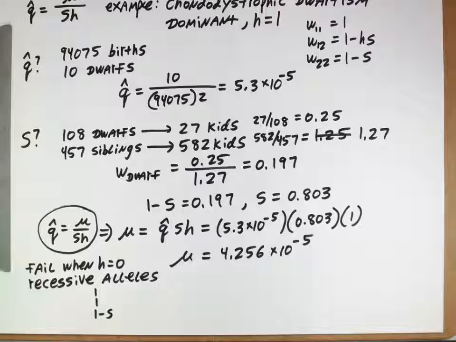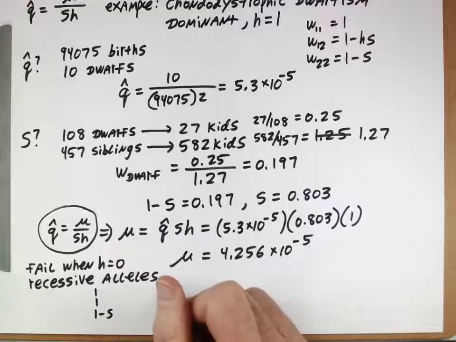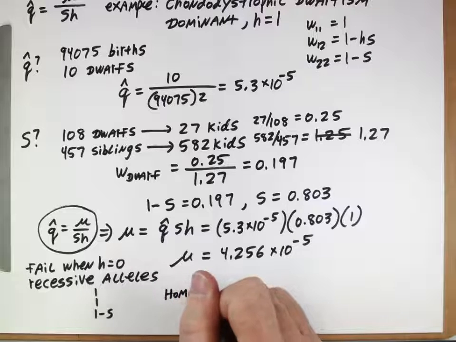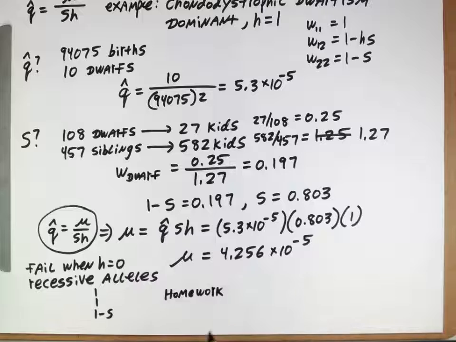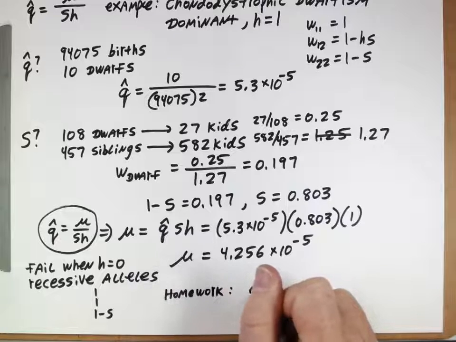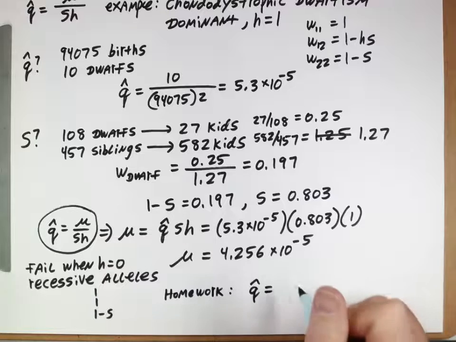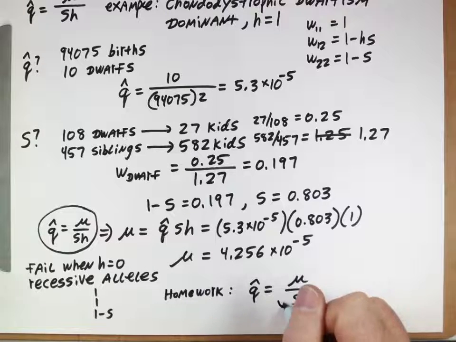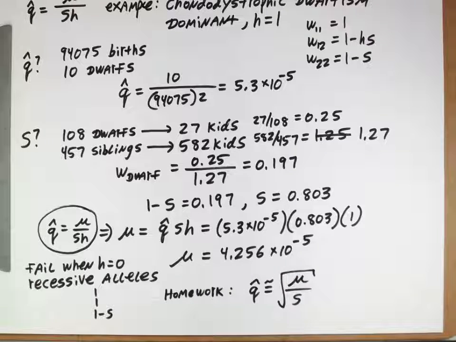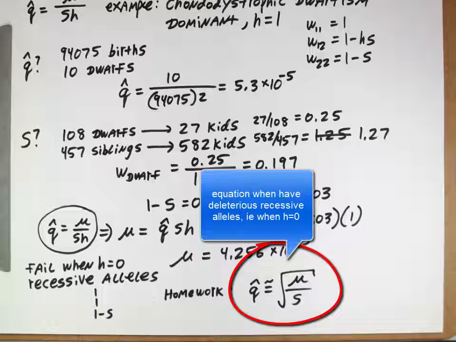So there's a different equation that we get if we do a different derivation, and this is actually one of your homework questions: to redo the derivation from previously and prove that the equilibrium frequency you would get for deleterious recessive mutations is of this form. In the derivation that I did, we eliminated some terms because they were approximately 0, and I said p was approximately 1, and I made those sorts of approximations throughout.